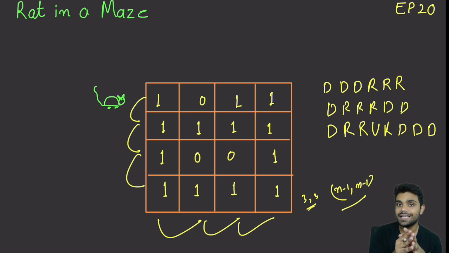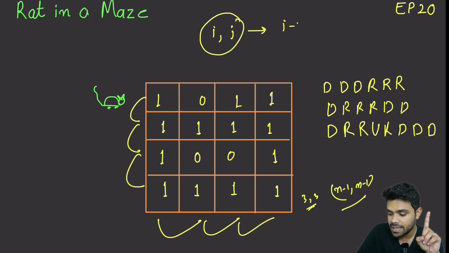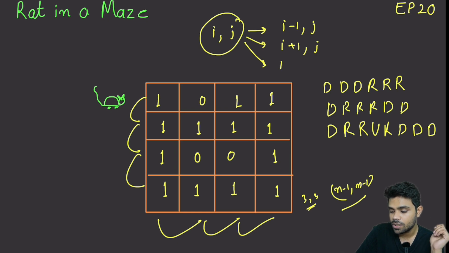Let's say I am standing at a cell i, j. From this cell I have 4 possibilities. One possibility is to move upwards, so upwards means i minus 1, j. One possibility is to move downwards, which is i plus 1, j. One possibility is to move rightwards, so if I want to move right, it will be i, j plus 1, and if I want to move left, it will be i, j minus 1.